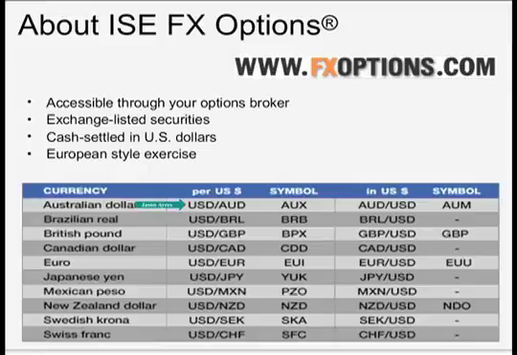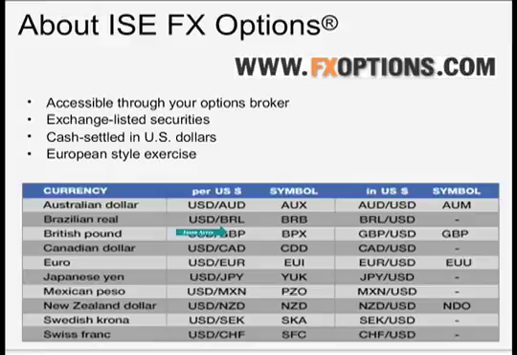So every one of these pair values is based on how the U.S. dollar is trading against any one of these specific currencies. And as such, this gives us the ability to trade our views on the U.S. dollar against any one of these particular currencies.